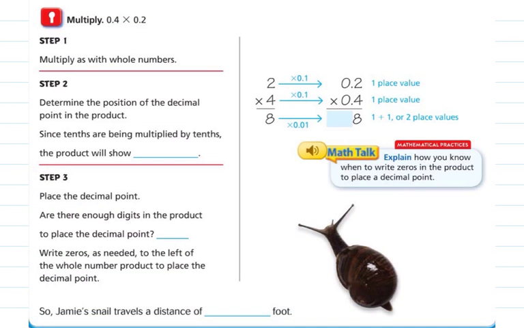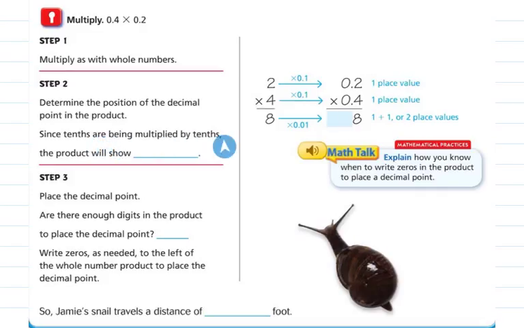So boys and girls, we're going to go through our steps and our procedures on our first strategy. So it says we're going to multiply 4/10 times 2/10. Step 1, multiply as though it is whole numbers. So boys and girls, we're just going to multiply 2 times 4, which is 8. Step 2, determine the position of the decimal point in the product.